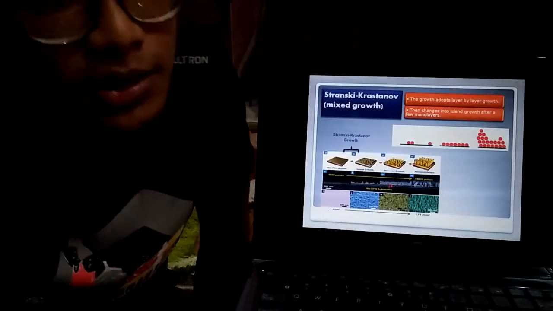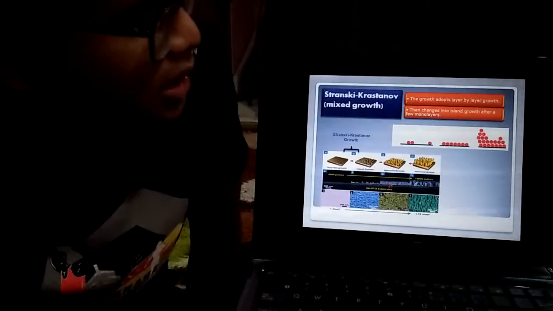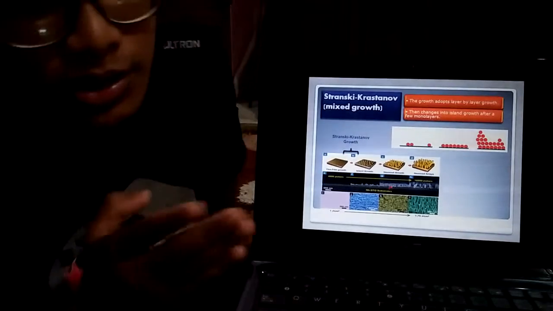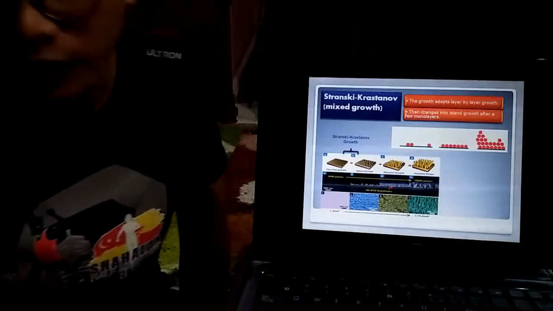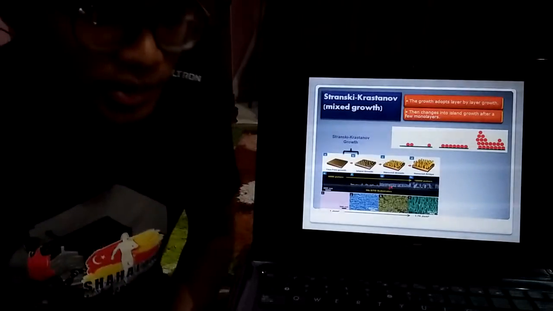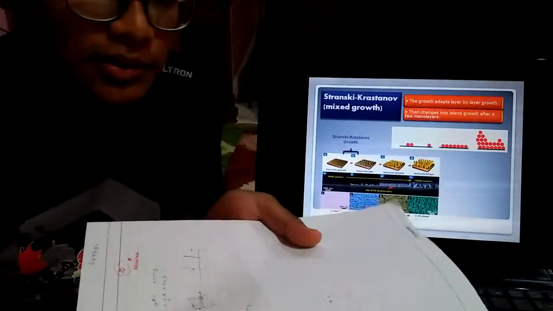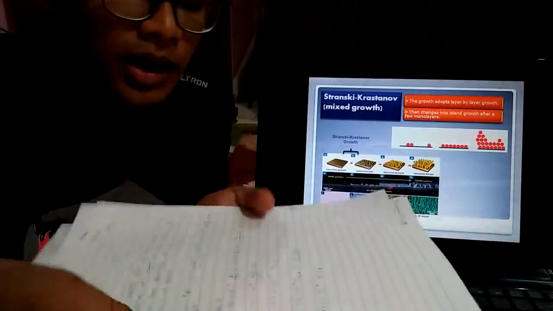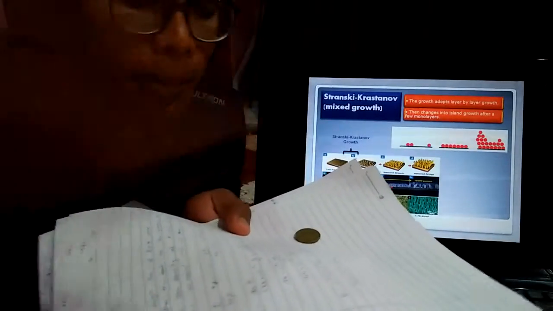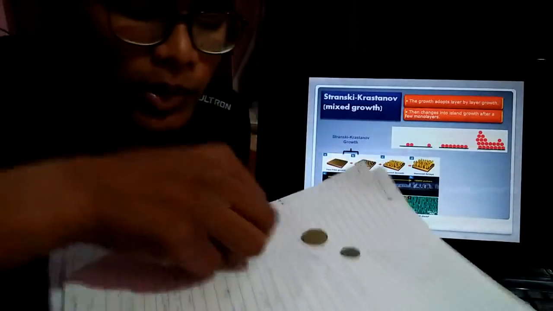Okay. Last but not least is the Stranski-Krastanov, or mixed growth. This is the same as the previous two, but it is the combination of the previous two. So imagine you have layer by layer Frank-van der Merwe growth, and then suddenly you have shillings to represent the Volmer-Weber growth, one by one by one by one.